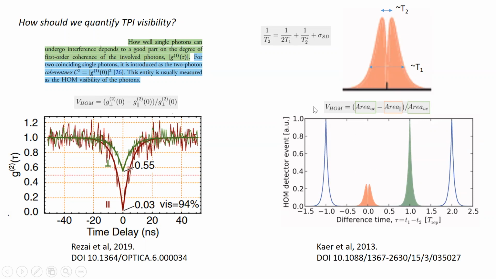One attempt to quantify visibility in the pulse regime is to take the area of one of these pulses corresponding to non-correlation events, which is how these authors describe it, at a time that's not zero delay time, and then find the difference between that and this area here, and then divide by this area.